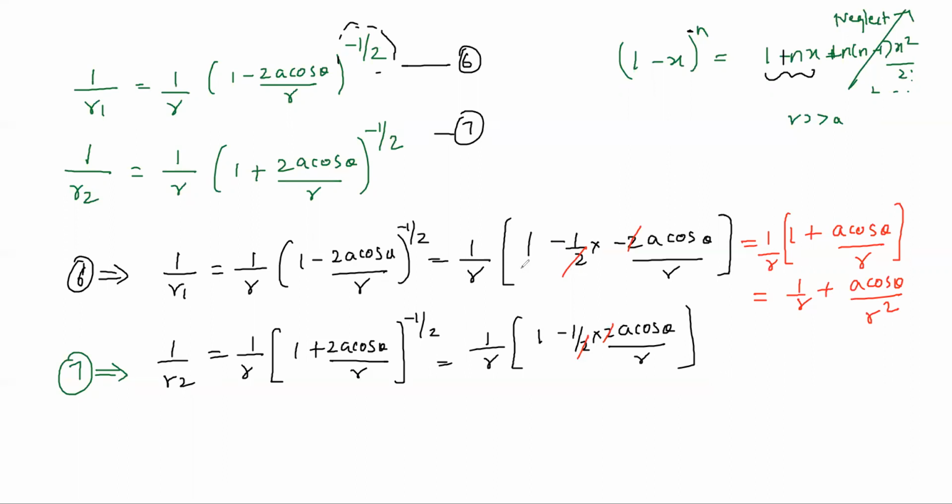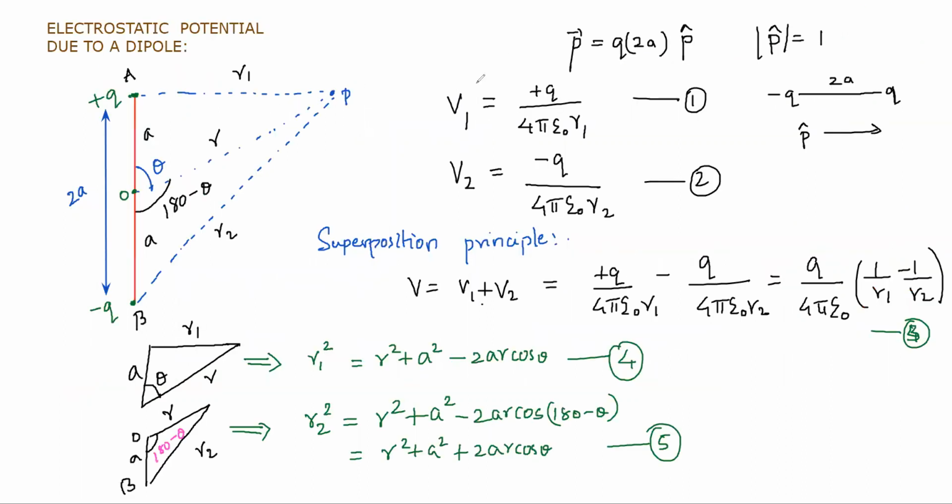If we were not making this approximation, this would be an infinite series. As we have considered this approximation, the point P is far away compared to the length of the dipole. The length of the dipole is very, very small, and we are considering a very, very far away point, maybe 100 centimeters or 1, 2 or 3 meters.